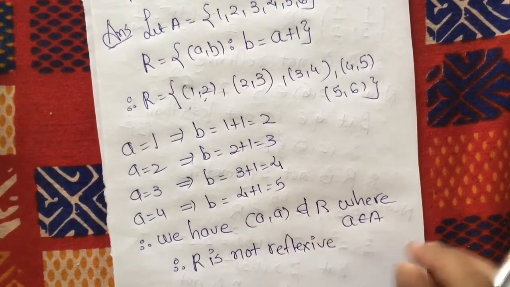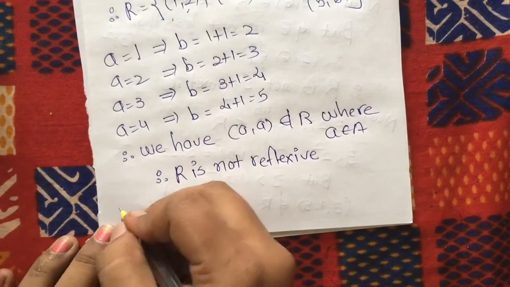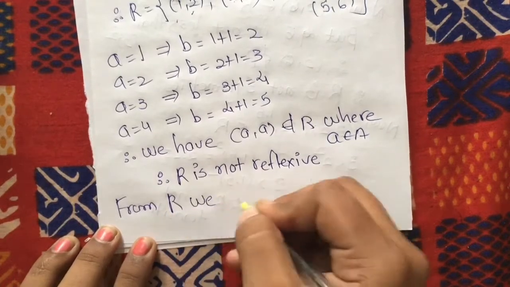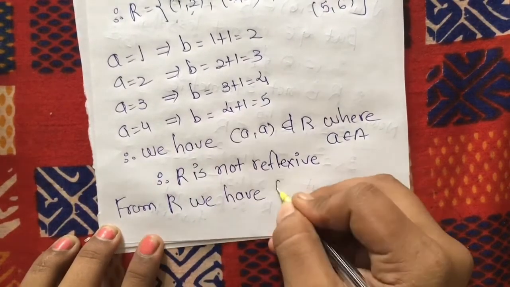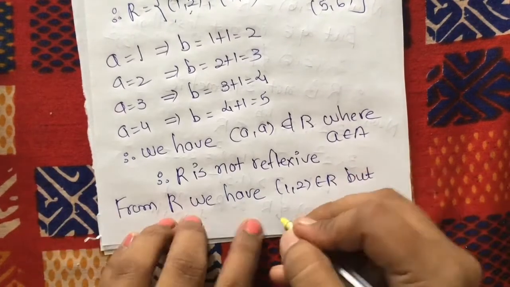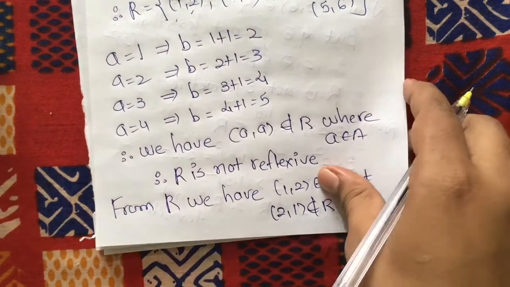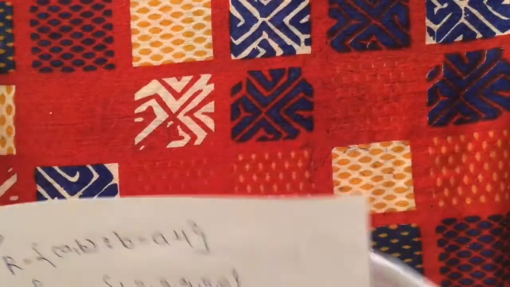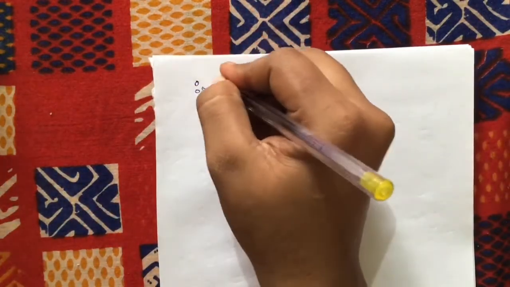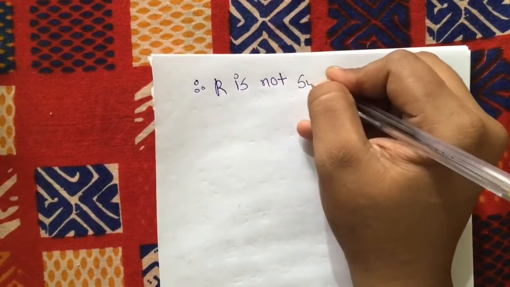Now we have to check whether R is symmetric. So from R we have (1, 2) belongs to R, but (2, 1) does not belong to R. Therefore R is not symmetric.